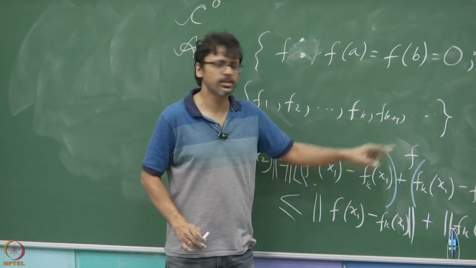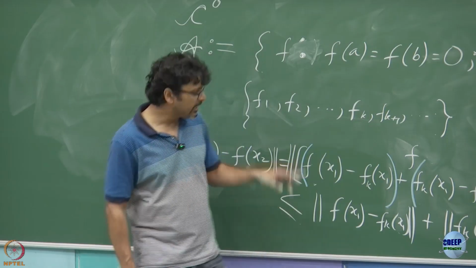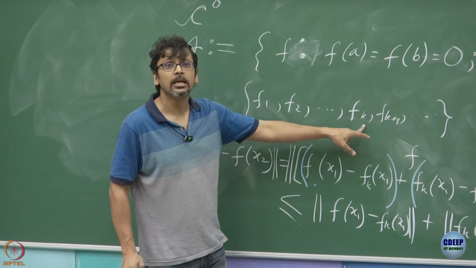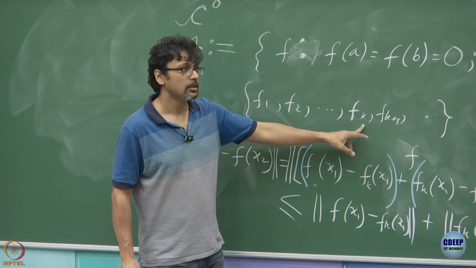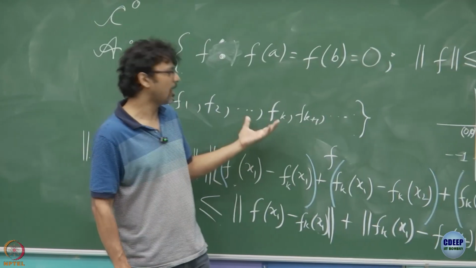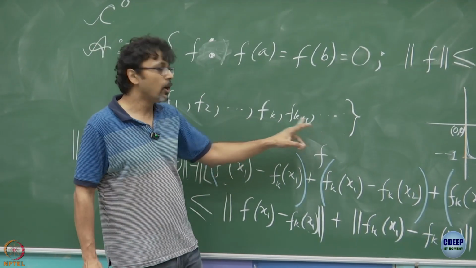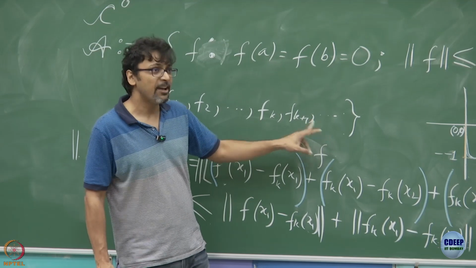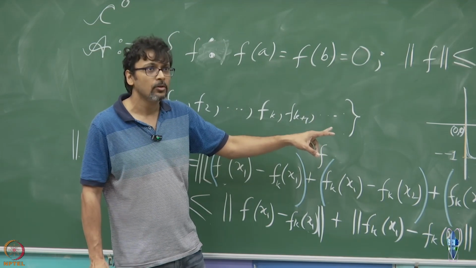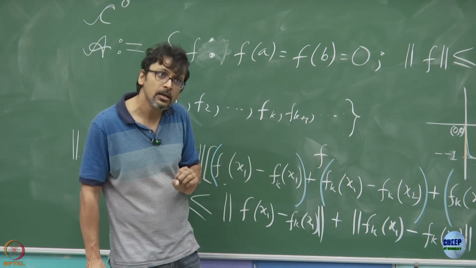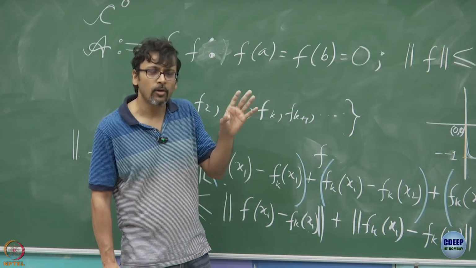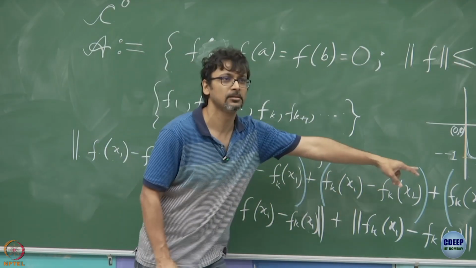Since this is a convergent sequence, there exists some L such that for all k beyond that L, fk minus f will be smaller than epsilon by 3. Now you say, why epsilon by 3? Well, there are 3 terms.